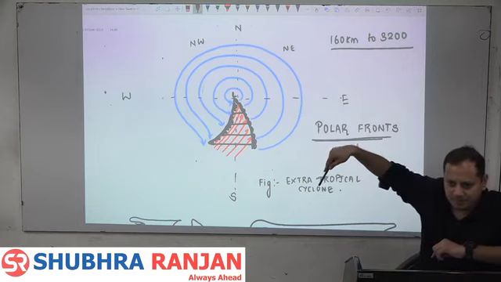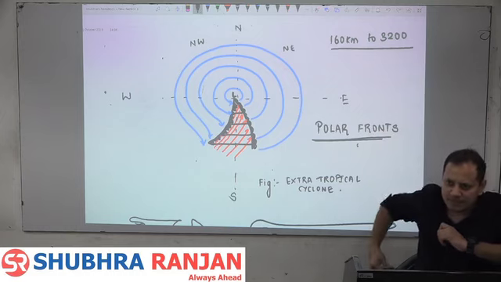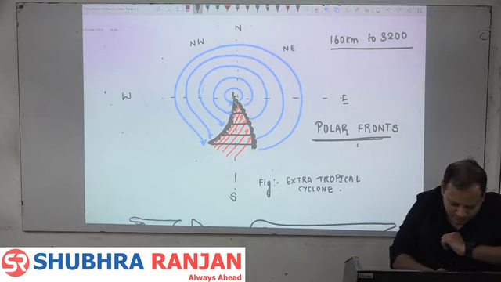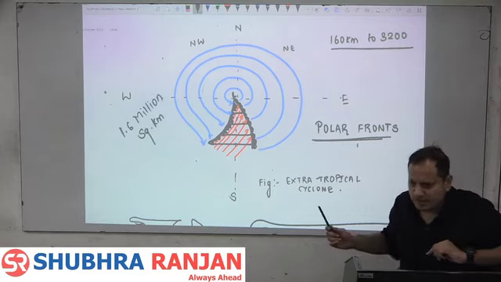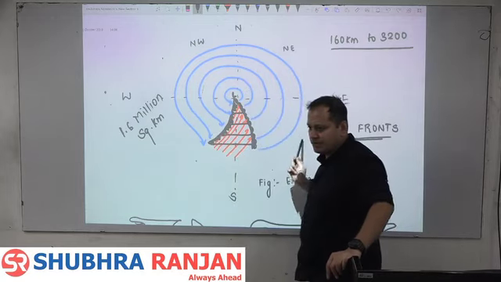Diameter matlab, they generally cover an area of around 1.6 million square kilometers. This whole area will be somewhere around 1.6 million square kilometers.